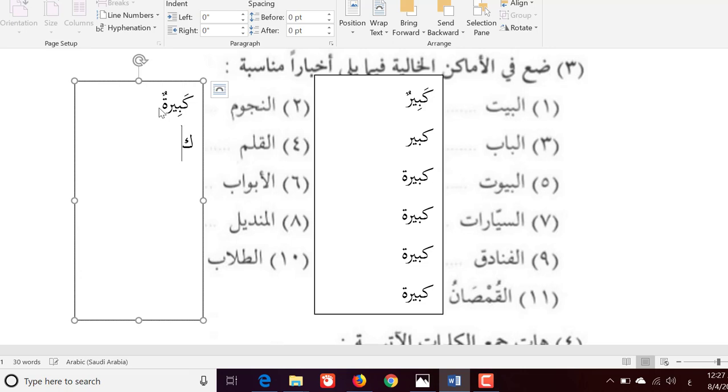Wal-qalamu kabir, because remember it's singular masculine. Al-abwab kabira. Al-mindil kabir, because mindil is singular masculine.